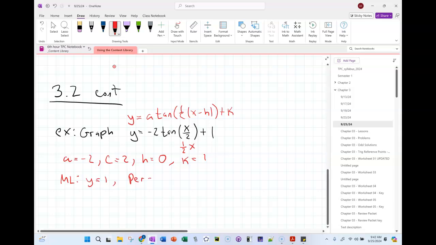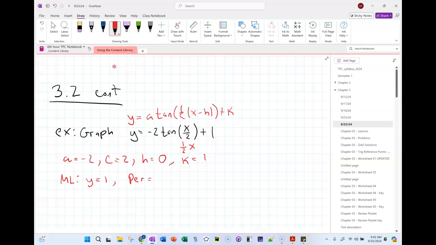How about the period? How do we do that? Now remember, the period was different for tangent than sine and cosine.